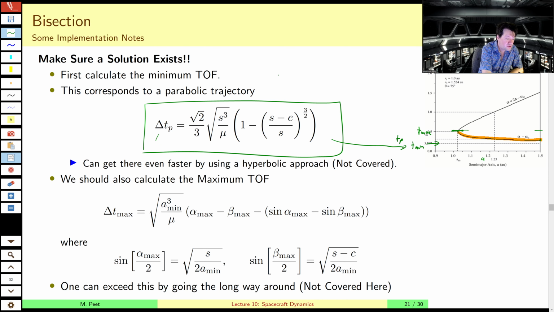So make sure delta t is greater than the transfer corresponding to a parabolic orbit. If it's not, you're on the hyperbolic case and not covered in these lectures. So otherwise you need a hyperbolic transfer.